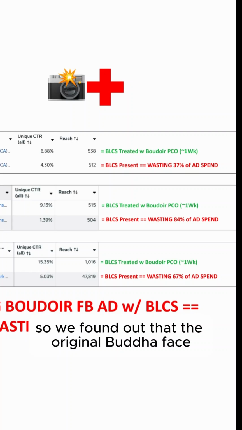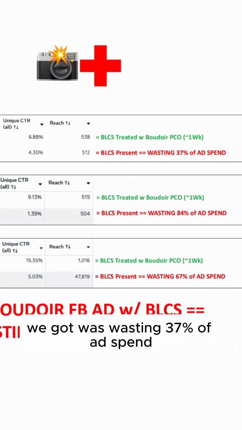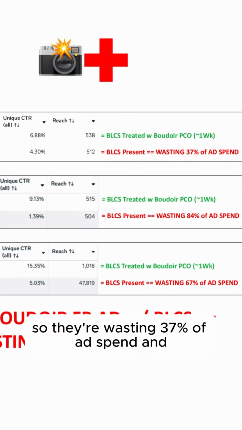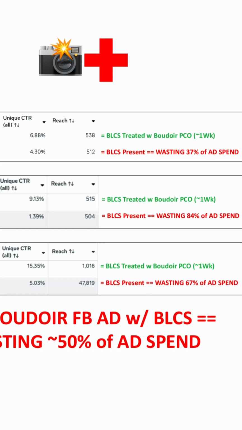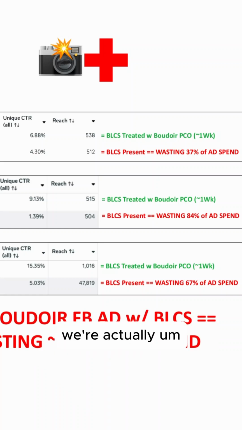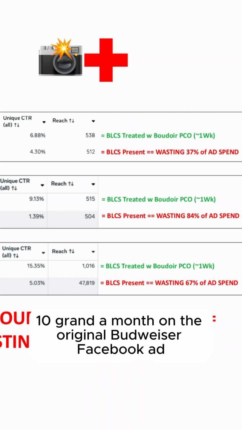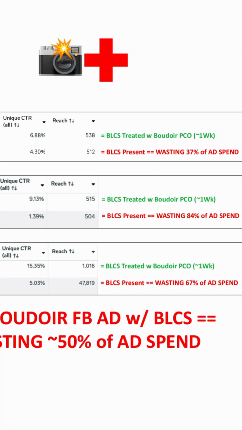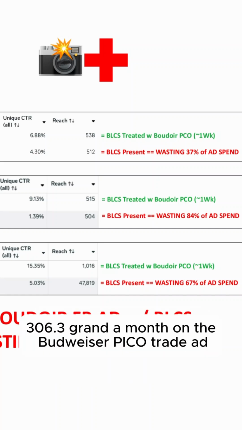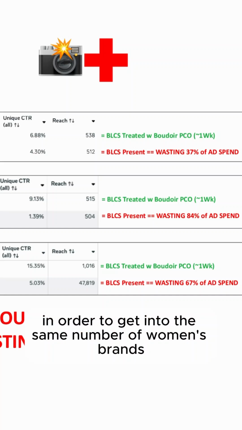So we found out the original Boudoir Facebook ad was wasting 37% of ad spend. If they're spending 10 grand a month on the original Boudoir Facebook ad, now they only need to spend 6.3 grand a month on the Boudoir Pico treated ad in order to get into the same number of women's brains.